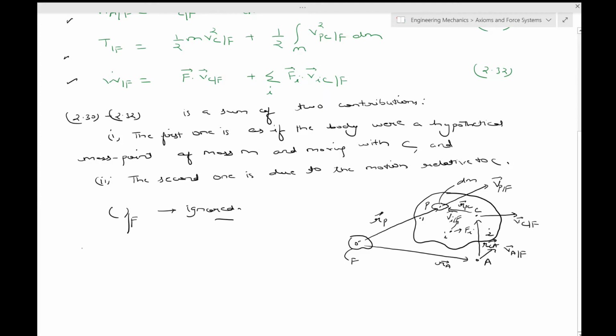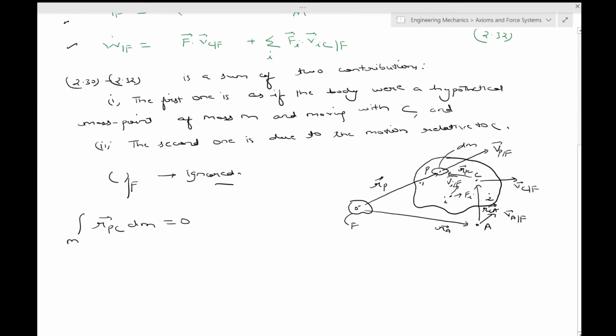Now if you want to write this summation of R_PC dm, this would be 0. So let's see how we say that. This quantity is equal to the integral of (R_P minus R_C) dm.